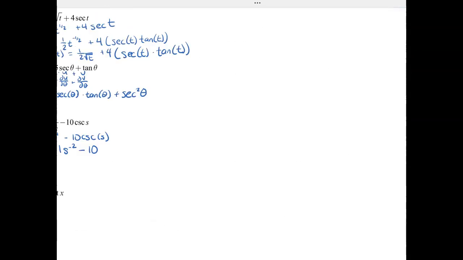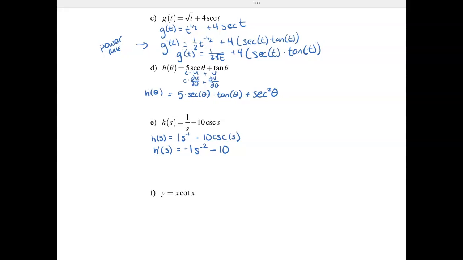Oops. Scrolled a little bit too far. So then I've got negative cosecant of s times cotangent of s, and I wish that I'd picked another variable, but that's alright.